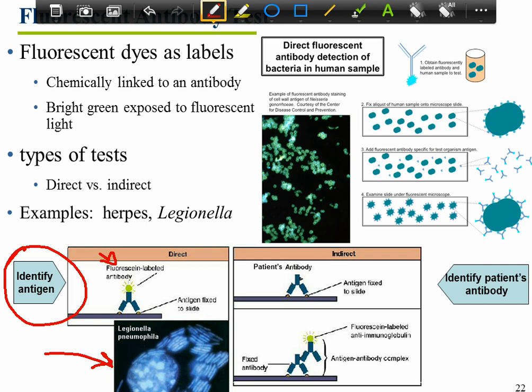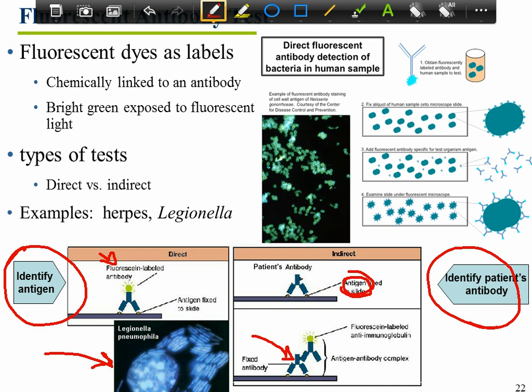You can also use this type of test to identify the patient's antibody. So in this case, you add a known antigen. This time you're not looking for the antigen. You've got the antigen in your hand. You add it to the slide. You then add the patient's serum, which may or may not have the antibody.